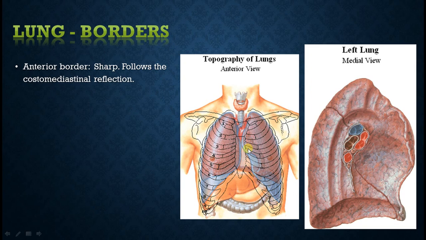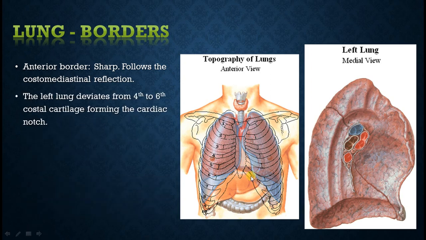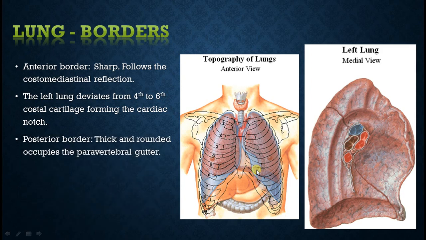After that, from the fourth to sixth rib, the anterior border of the left lung makes a deviation 3.5 centimeters from the lateral border of the sternum, and that deviation is called the cardiac notch, from the fourth to sixth costal cartilage.